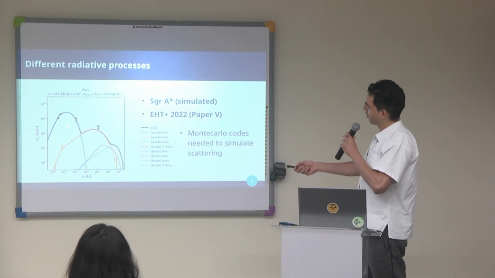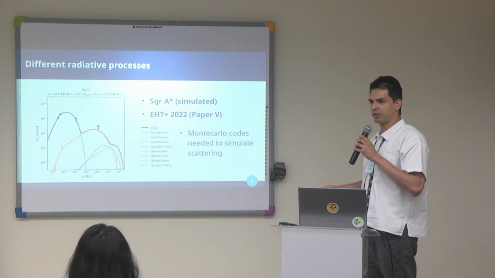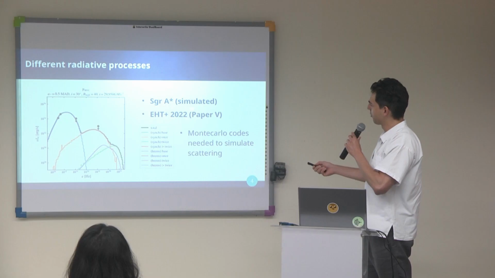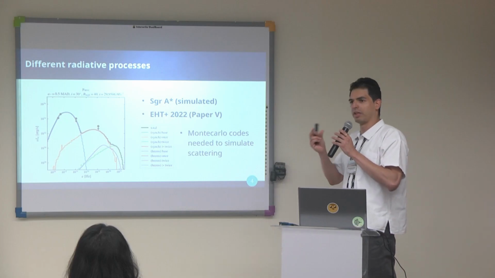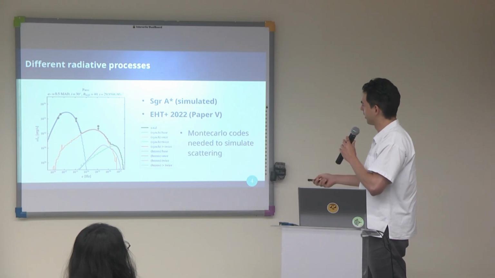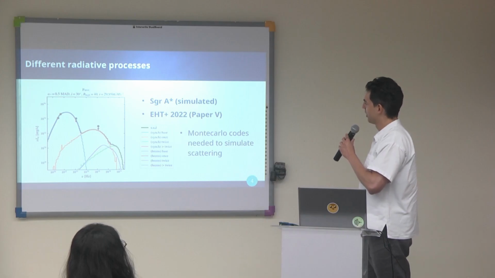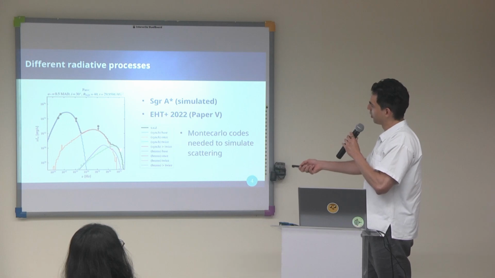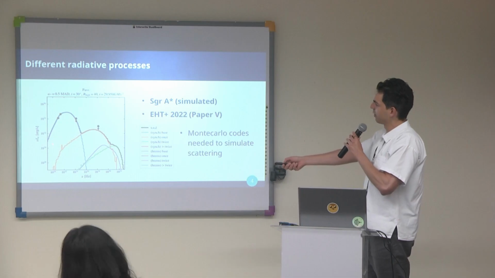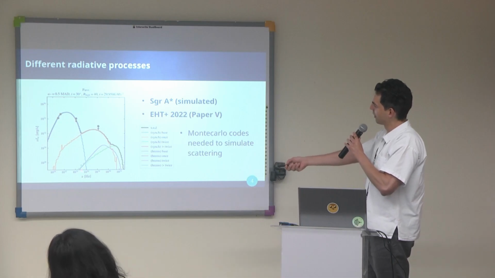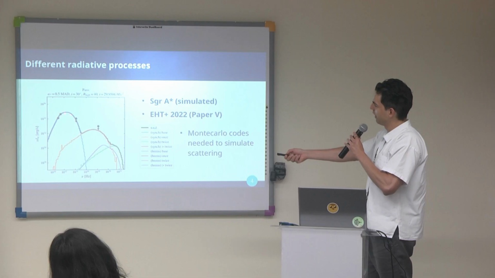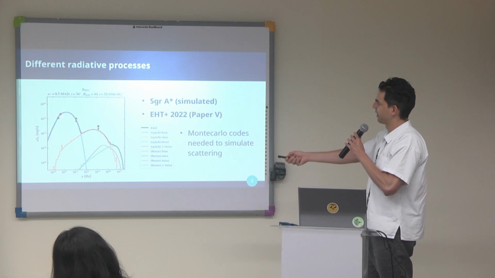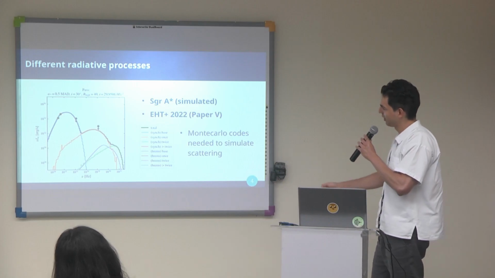This is a spectrum that was constructed from a simulation using another type of code that is not a typical ray tracing code, but is called a Monte Carlo code. Here you can see that there are different bumps that correspond to different types of radiative processes. We have first this larger bump that becomes most important at the observing frequency of the EHT, that is 230 gigahertz.